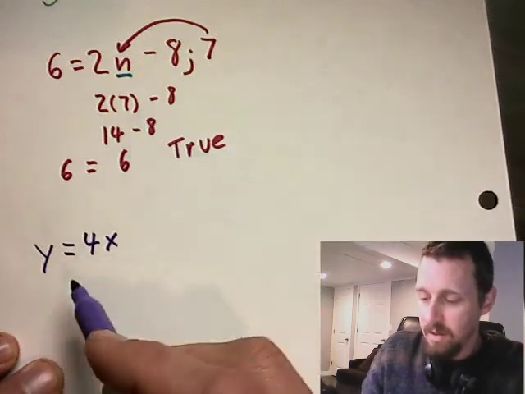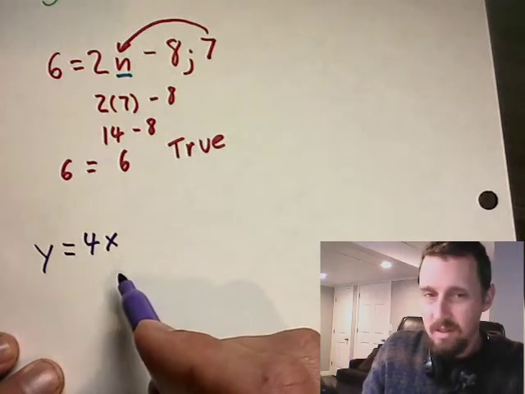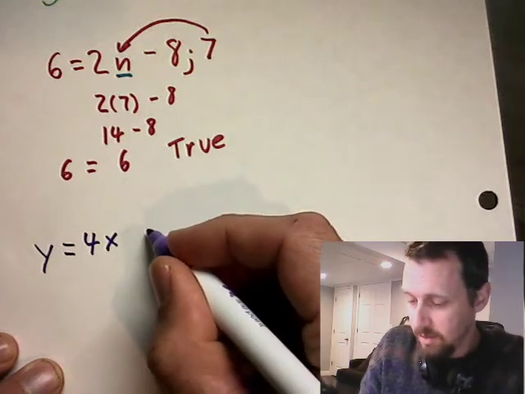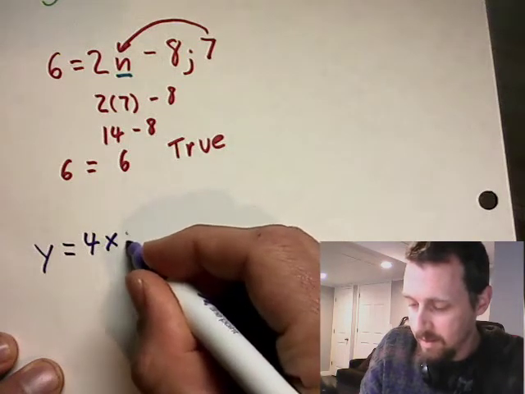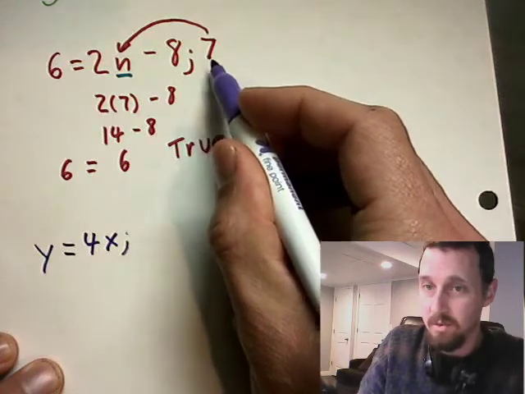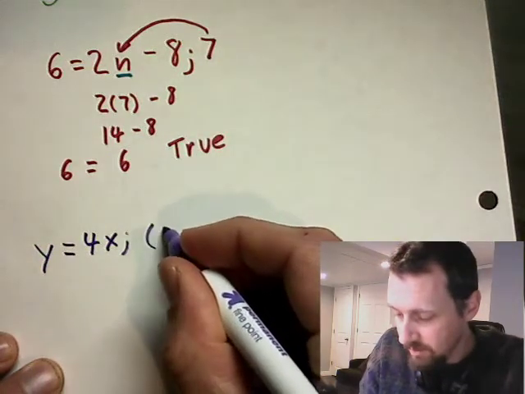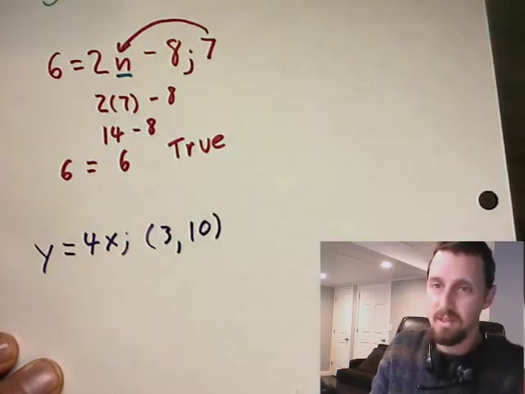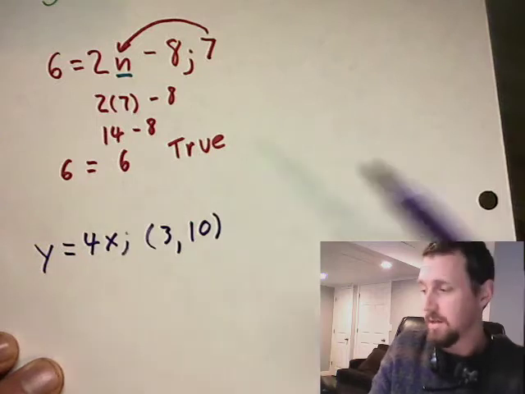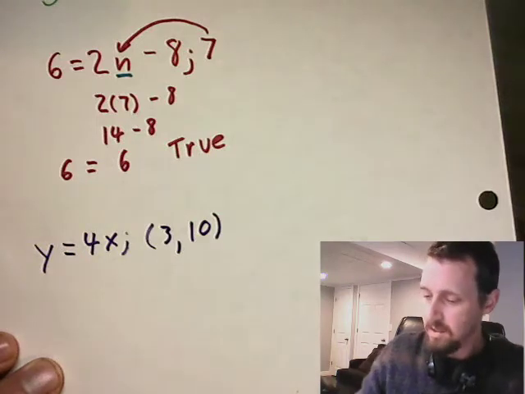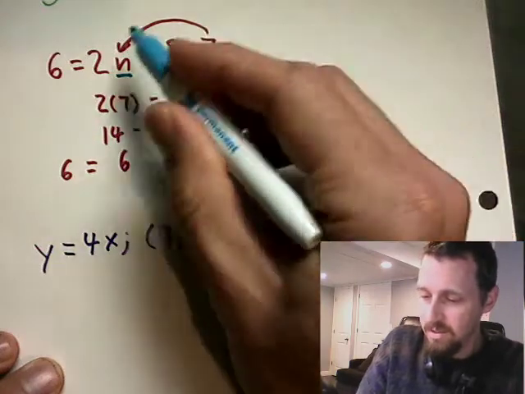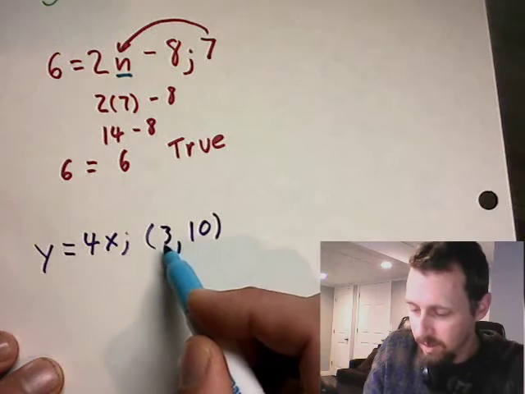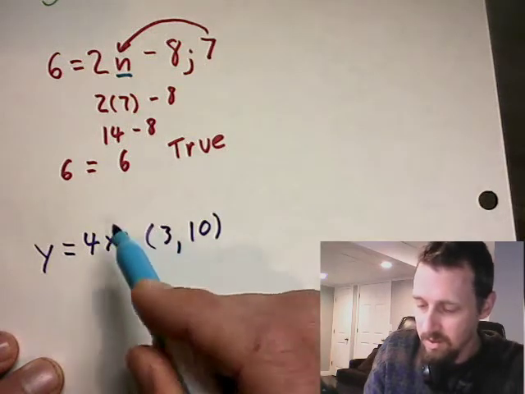Now, how would I evaluate this? Well, I'd have to be given two numbers. Like, for example, here I had one variable, I was given one number. Here I have two variables, I'm going to be given two numbers. For example, 3 and 10 could be the numbers I was given. But we have a little bit of a problem here because, well, here I knew the 7 plopped in for the n, but here, where does my 3 plop in? Does my 3 go in for the x, or does it go in for the y?